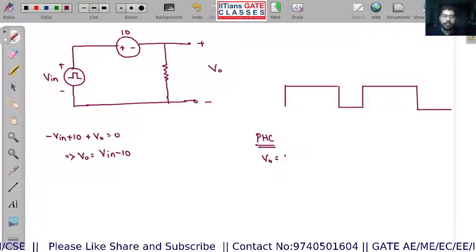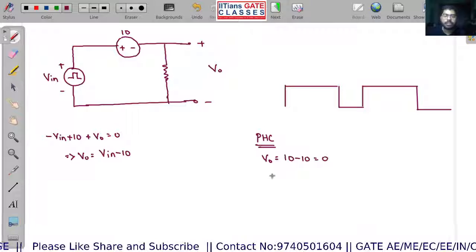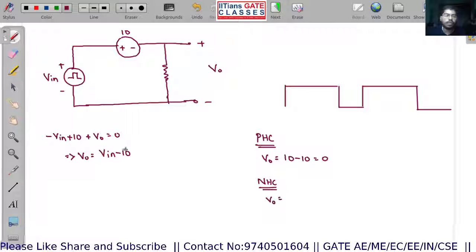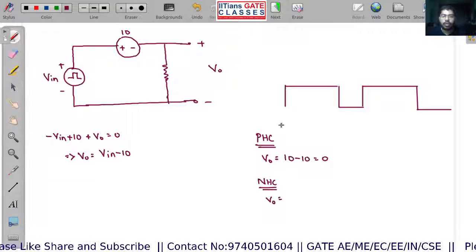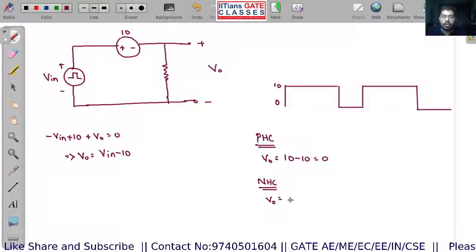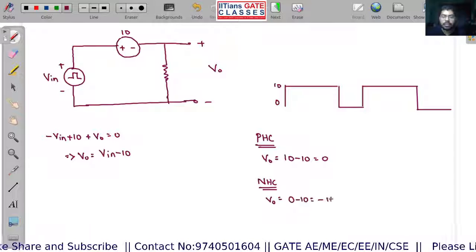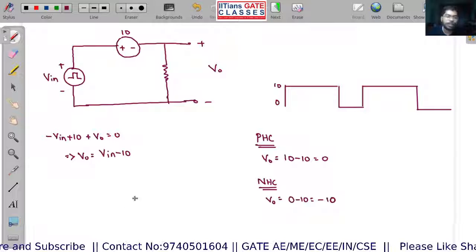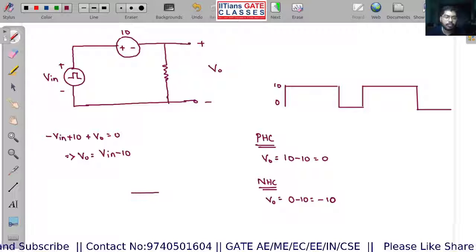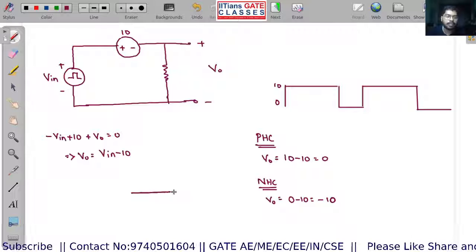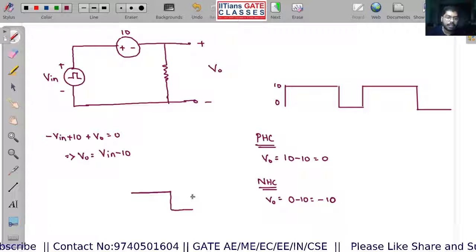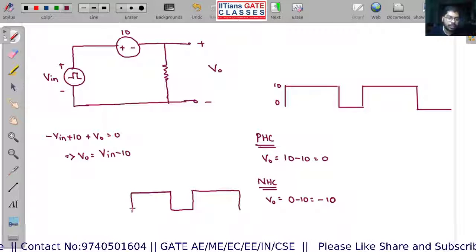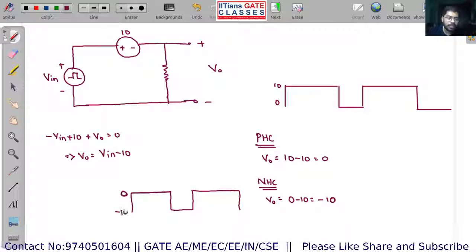V in is 10, so 10 minus 10 will be 0. In the negative half cycle, what is V naught? V in is 0 volt, so 0 minus 10 will be minus 10 now. So now your waveform will look something like this: in the positive half cycle this will be 0, in the negative half cycle it will be minus 10. So this is 0 and this value is minus 10 volts.